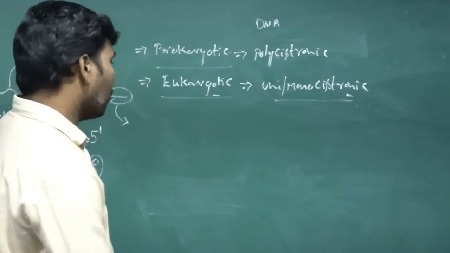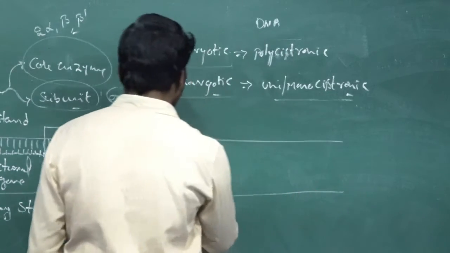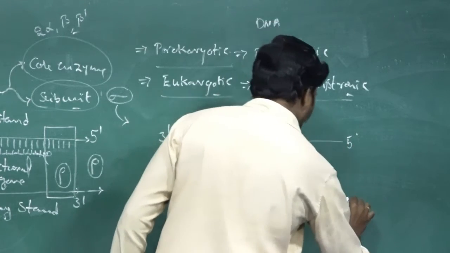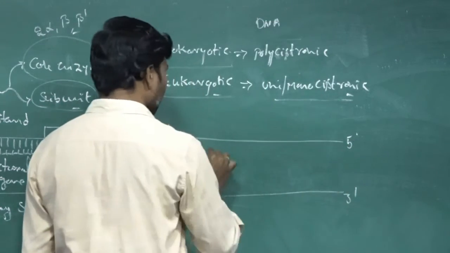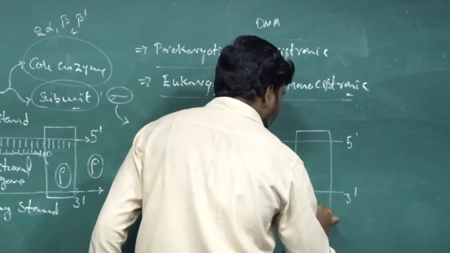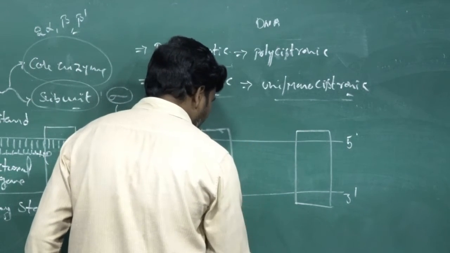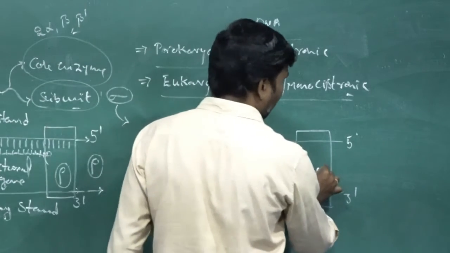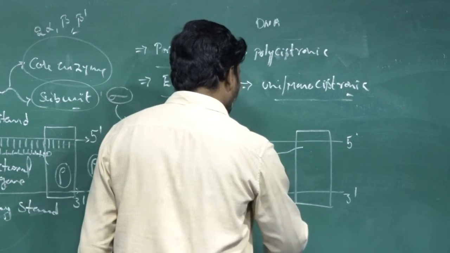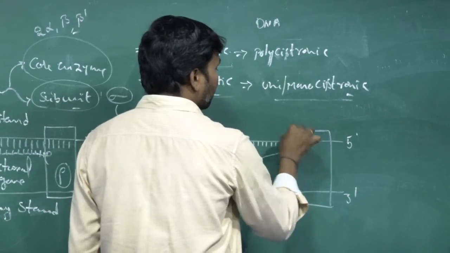What is meant by heteronuclear RNA? Whenever the transcription process occurs in the eukaryotes, 3' to 5', 5' to 3', that means whenever RNA polymerase starts the transcriptional process, elongates and finally reaches the termination process, it is going to synthesize whatever sequence is present at the structural gene.